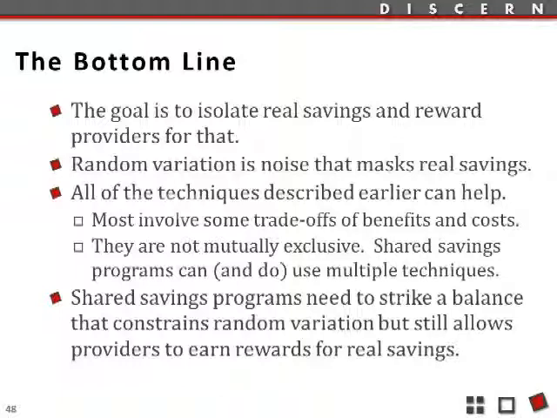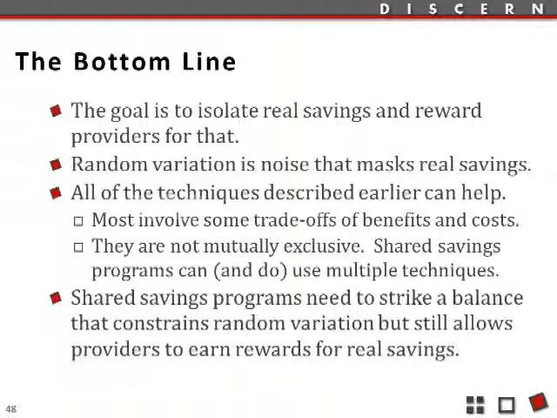So what we need to do is adjust the sensitivity of these various mechanisms to retain as much real savings as possible and exclude as much random savings as possible. I don't think yet anybody has figured out that formula, but there's a lot of experimentation going on around the country. These techniques that I've described today are not mutually exclusive. You do want to layer them in a way to address the different ways that random variation might pop up in the shared savings calculation.